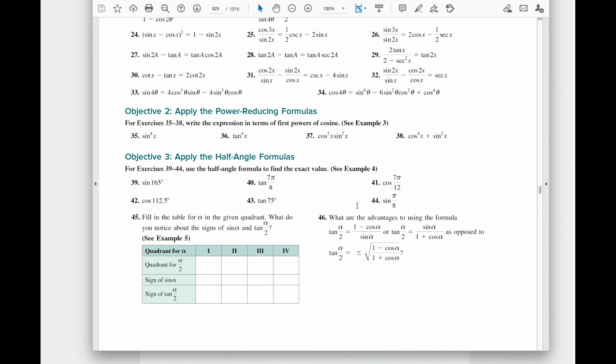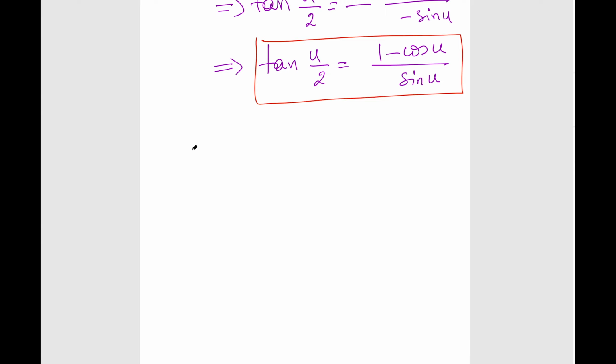How about doing now number 44? The question is, use half angle formula to find the exact value of sine pi over 8. So we want to find the exact value of sine of pi over 8.